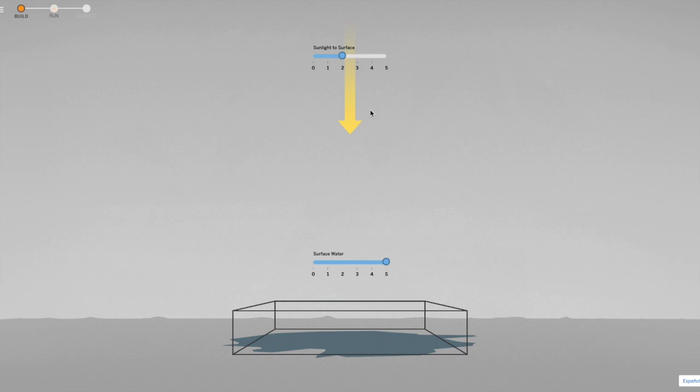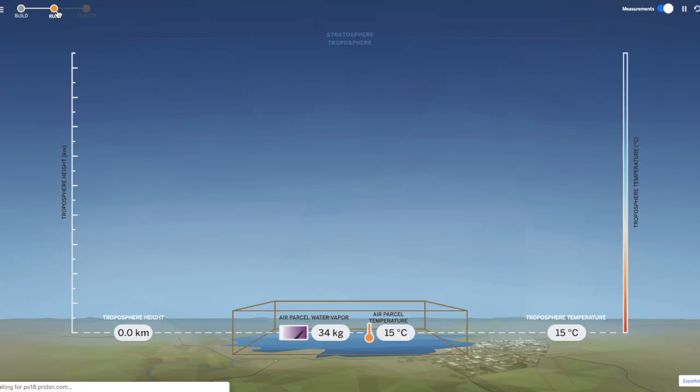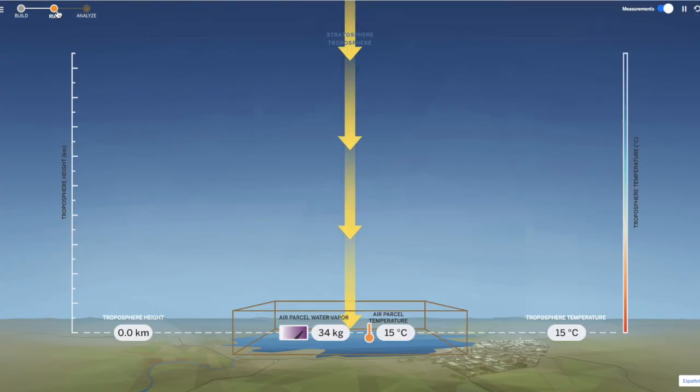If I lower the amount of heat, I'm lowering the amount of thermal energy that's being transferred onto the water. I'm not changing the surface water because we're not focused on the amount of surface water. We're more focused on the temperature itself.